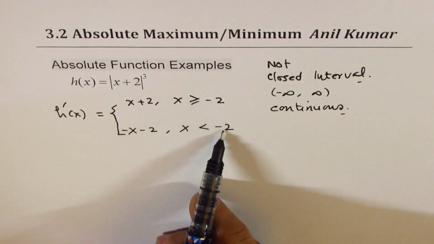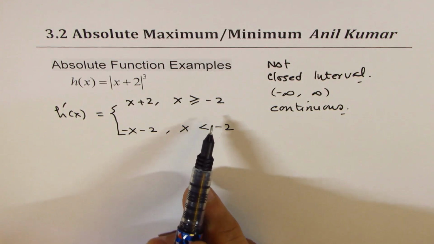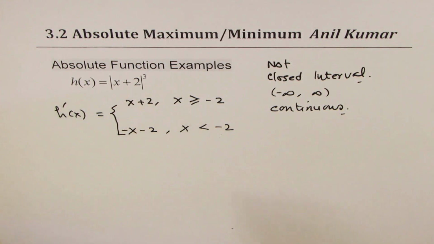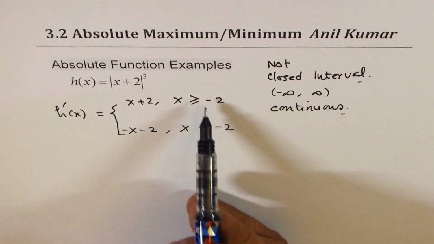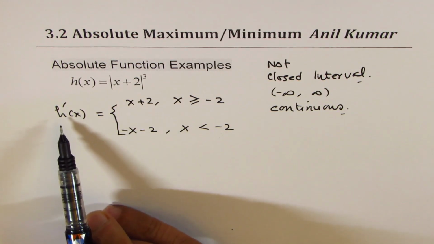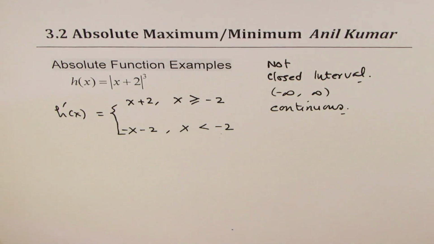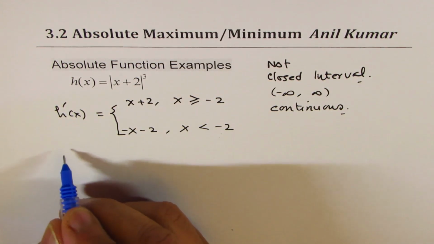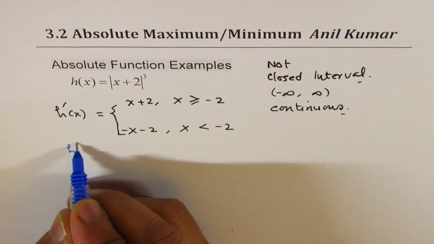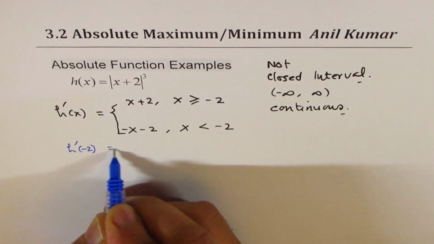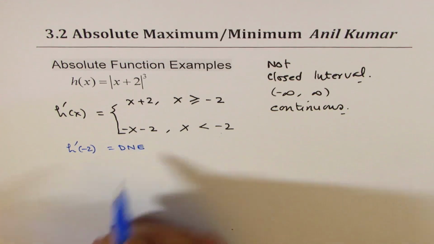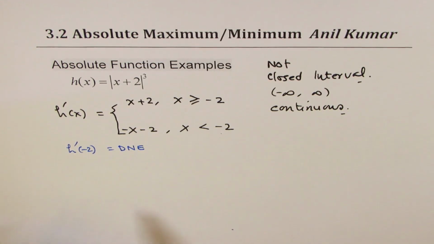Now at -2, there is a change, correct? So if you are looking at this function, then you know that at -2, the derivative does not exist, right? So let me make a point here. So we know that h dash at minus 2 does not exist. Is it okay?